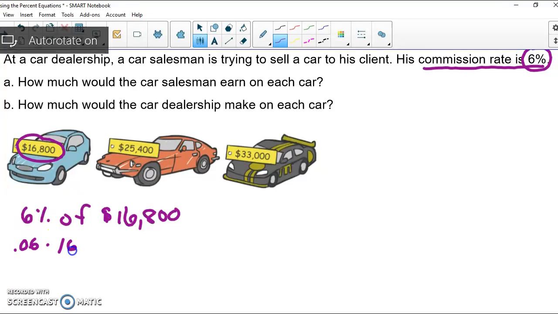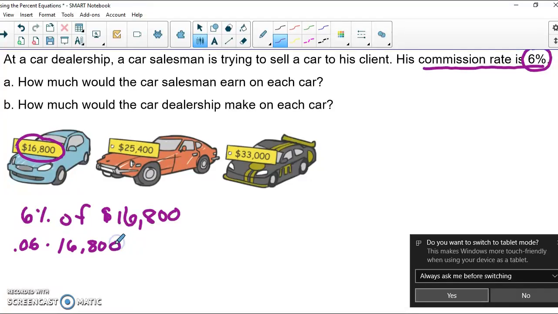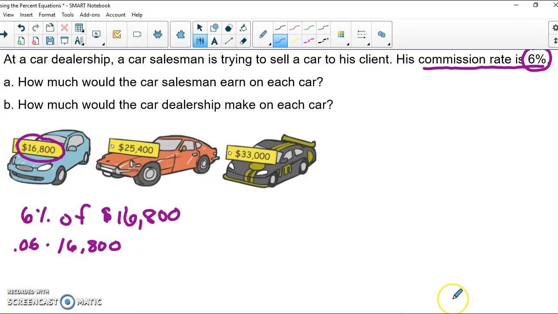And I'm going to multiply now by 16,800. So on my calculator, 0.06 times 16,800, that amount is $1,008. So when the car salesman sells this blue car, he is going to earn $1,008 in commission. Not too bad for selling one car.